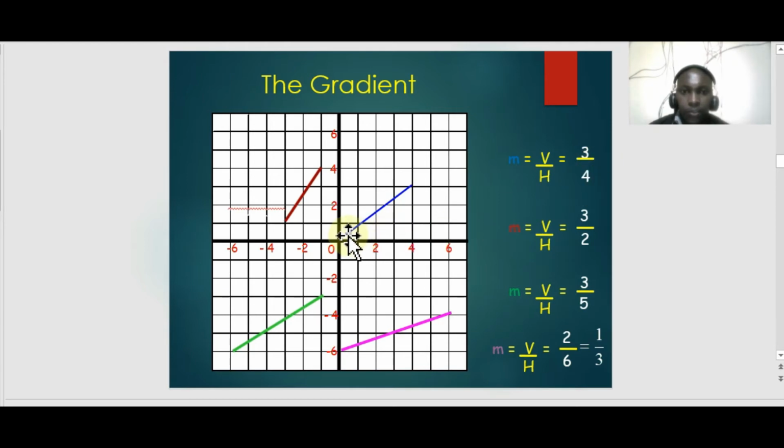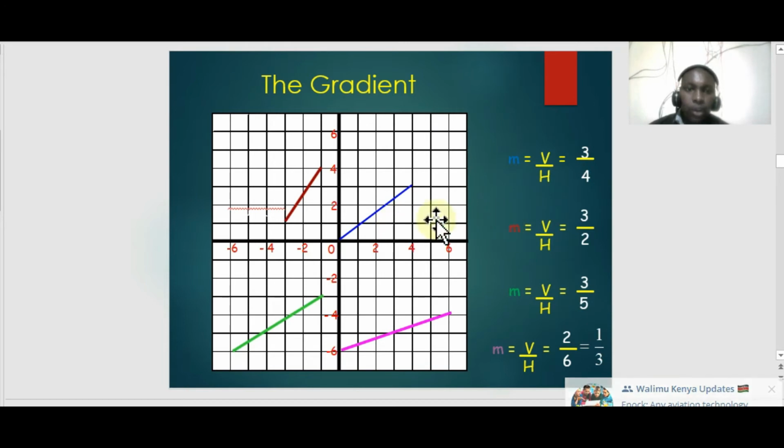The horizontal distance is from here. This is 1, 2, 3, 4. There are 4 squares. So you can see there is a displacement of 3 squares in the vertical height, and for the horizontal distance, there is a displacement of 4 squares. So that is how we obtain the gradient.